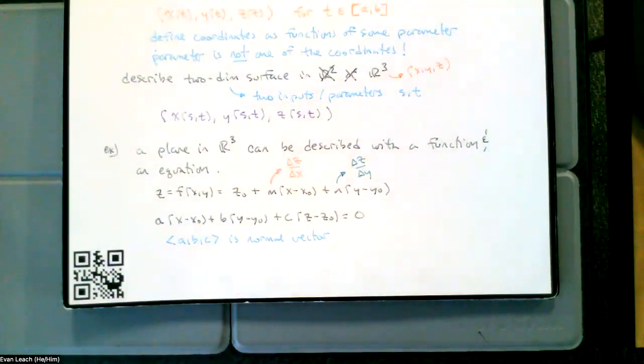This was one way to describe a plane with one vector: everything perpendicular to the normal vector.